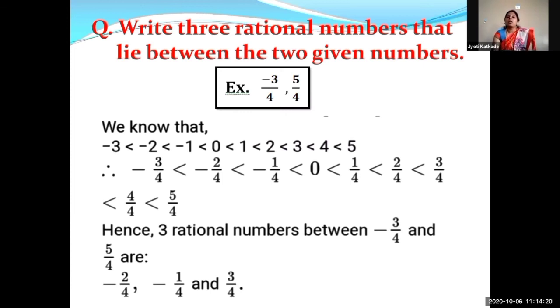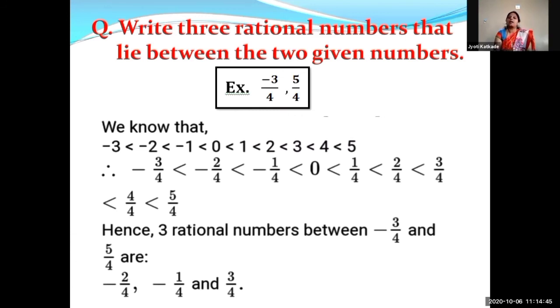So our question is in between -3 upon 4 and 5 upon 4. So see, my numbers in between are -2 upon 4, -1 upon 4, 0, 1 upon 4, 2 upon 4, 3 upon 4, and 4 upon 4. In between both the numbers, these numbers come. Okay.